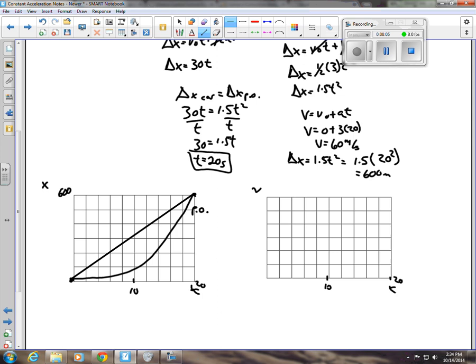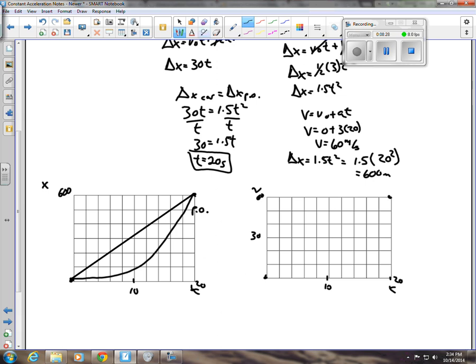Now, for the velocity, the police officer starts with a velocity of 0, and after 20 seconds has a velocity of 60. So let me scale this out. 10, 20, 30, 40, 50, 60. So he starts at 0 and ends at 20.